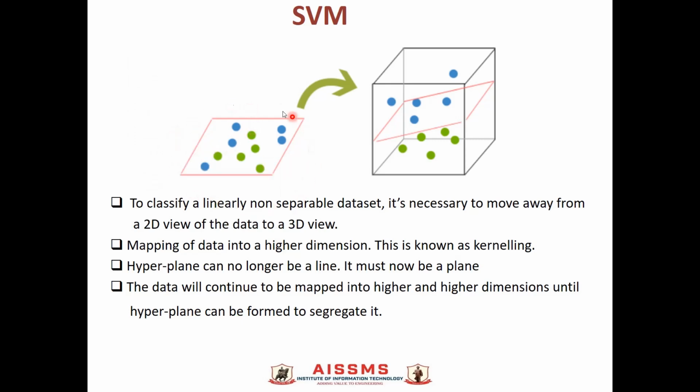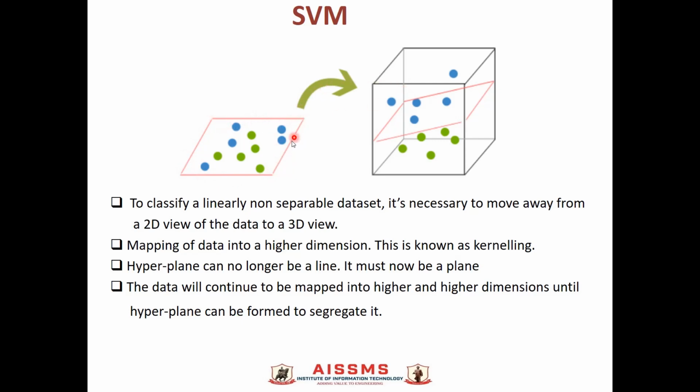For such cases we use the kernel trick. In the kernel trick, this two-dimensional data set is mapped to a higher dimension.